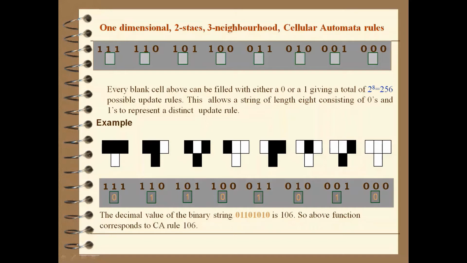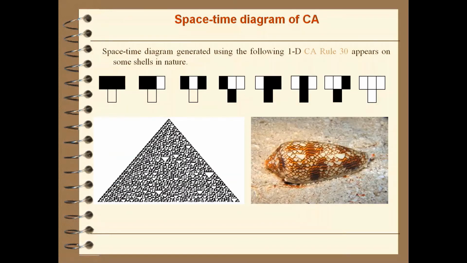So the corresponding CA rule is 106. This is the space-time diagram of a particular CA, that is CA rule 30, which is nothing but a natural pattern.